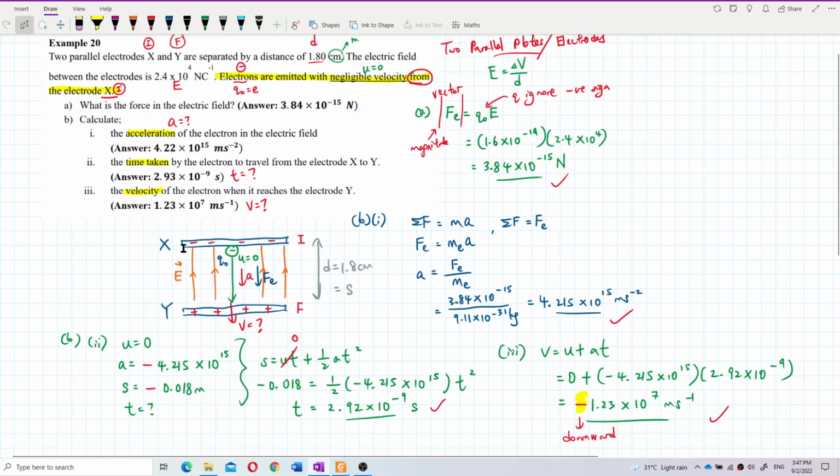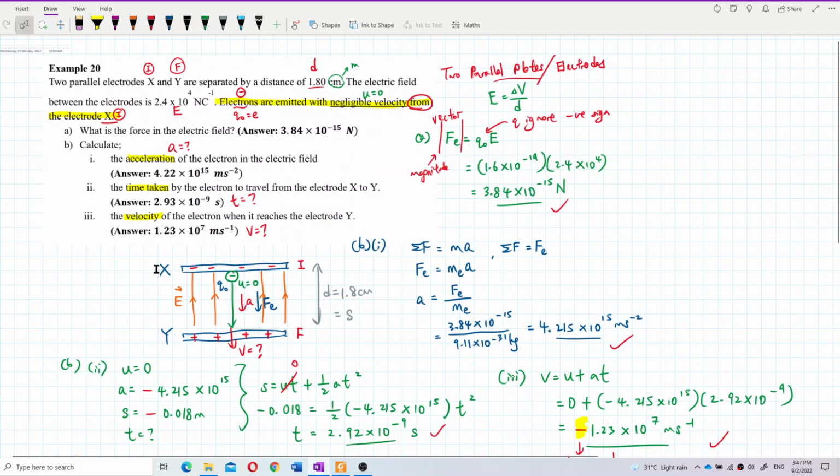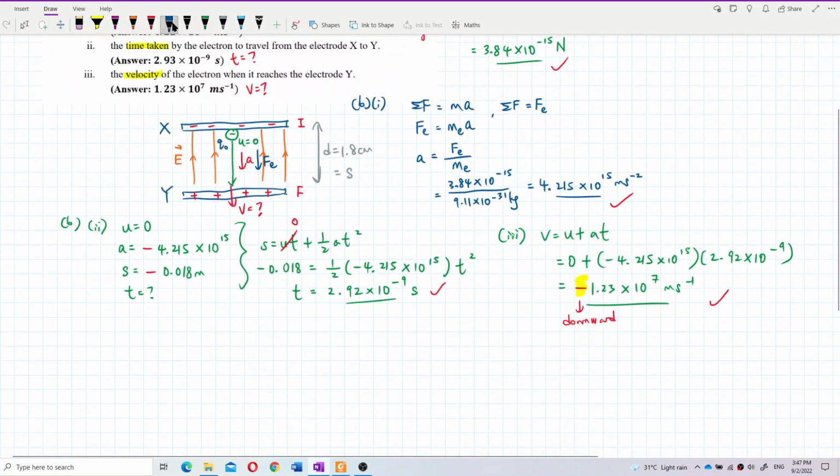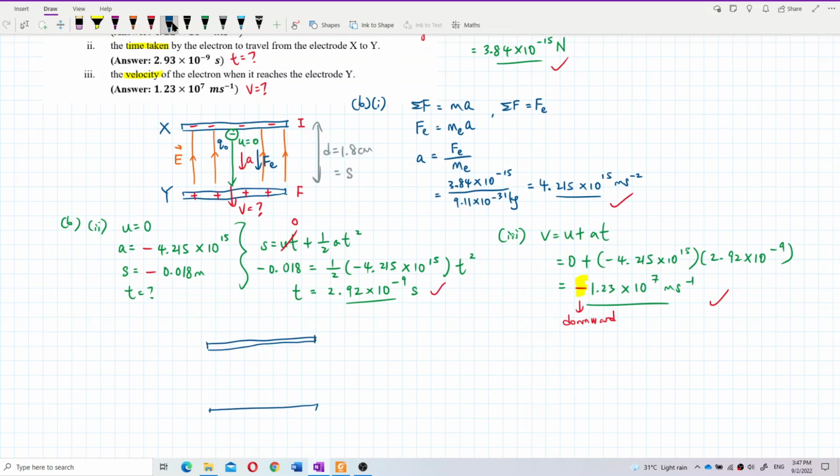It is because I assumed x at the top. This x can also be at the bottom, understand? Y can be at the top, so the negative plate is at the bottom and the positive plate is at the top.